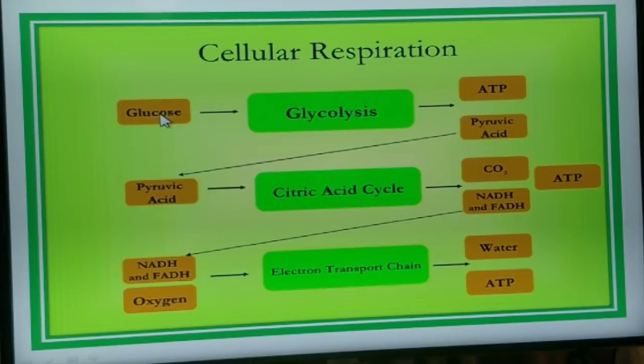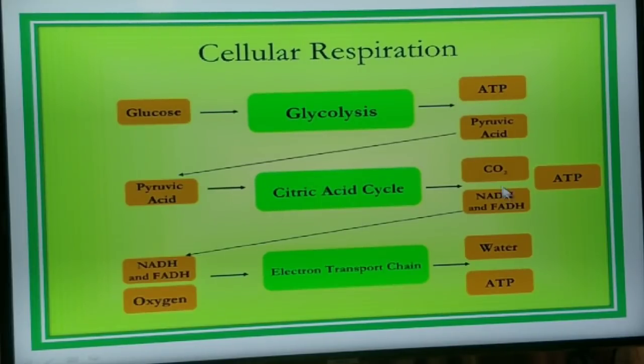Now we'll see what happens to glucose. The glucose gets converted into ATP and pyruvic acid during the glycolysis phase. This is called glycolysis. Pyruvic acid gets converted into carbon dioxide, NADH and FADH, and ATP molecule is generated.